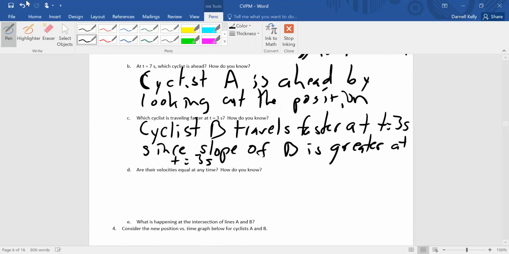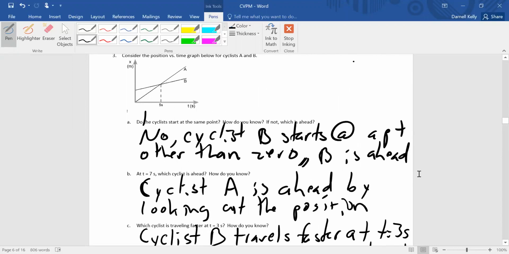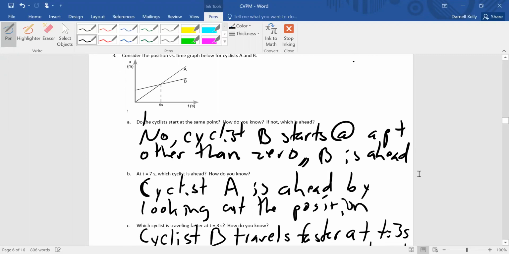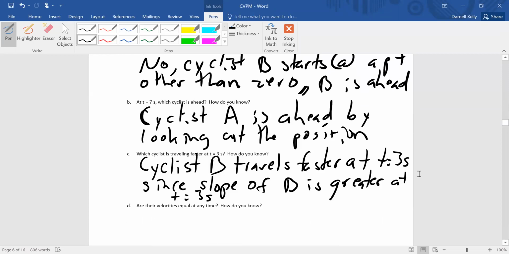Are their velocities equal at any time? How do you know? Someone else can chime in. Are their velocities equal? No. Absolutely right, because the slopes are never the same.